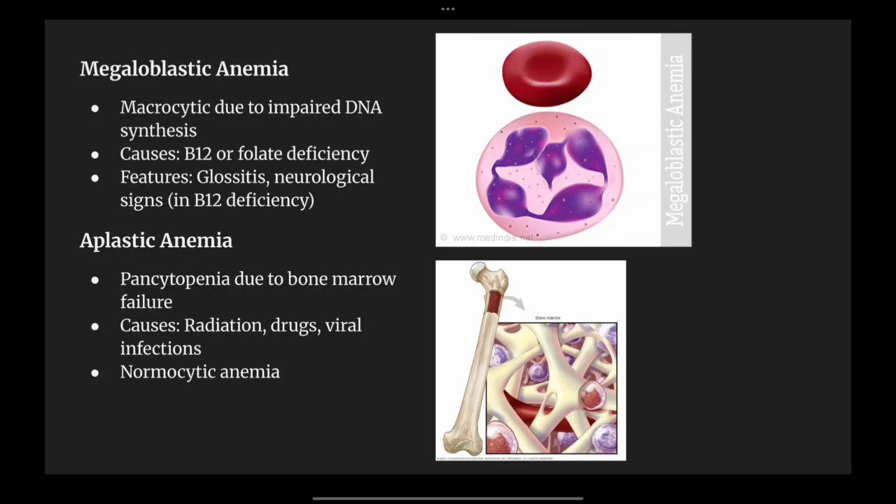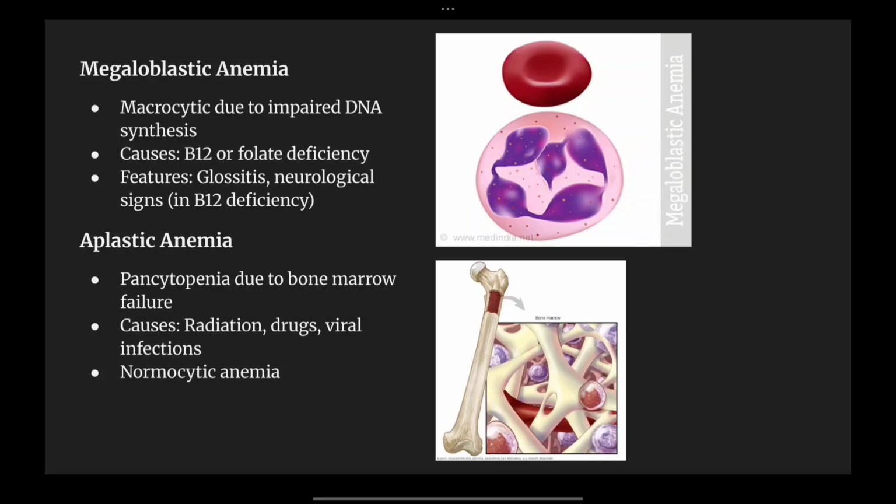Now aplastic anemia, again pancytopenia due to bone marrow failure, is caused by radiation, drugs, or viral infections that might affect the bone marrow involved in production of RBCs, WBCs, or any other blood cells. Now normocytic anemia is where the red blood cells are of normal size, but aplastic anemia can be fatal.